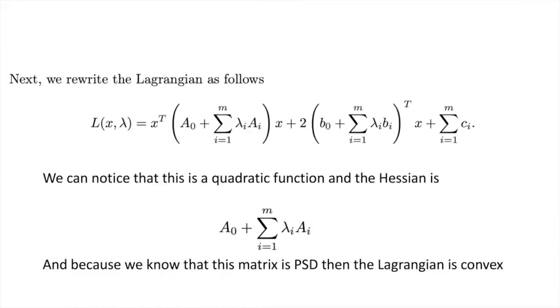Now let's rewrite the Lagrangian as follows. Let's take x transpose out, and we would get x transpose multiplied by (A_0 plus sum over i from 1 to m lambda_i A_i) x plus 2 (b_0 plus sum from 1 to m lambda_i b_i) transpose multiplied by x plus the sum from 1 to m over c_i. So we can see that this is a quadratic function, and the Hessian is this matrix.